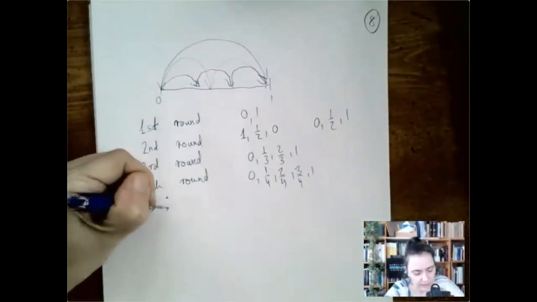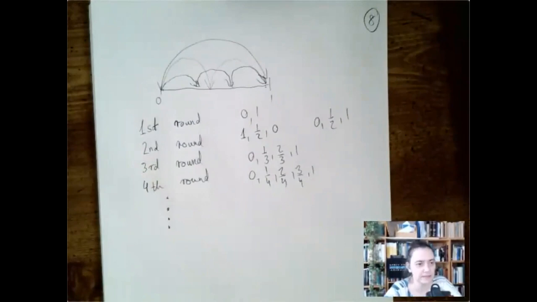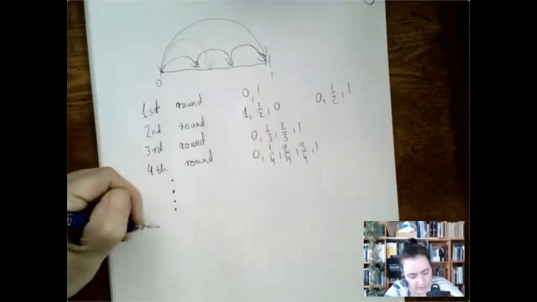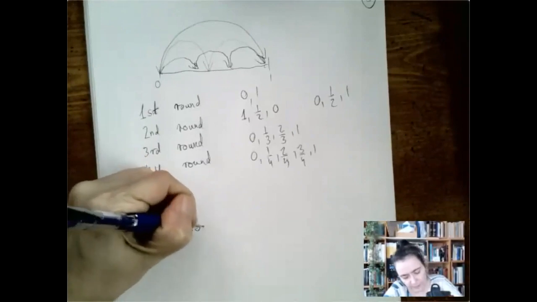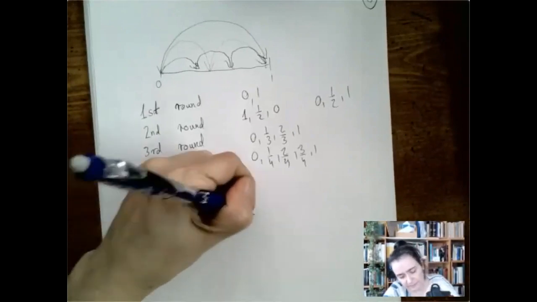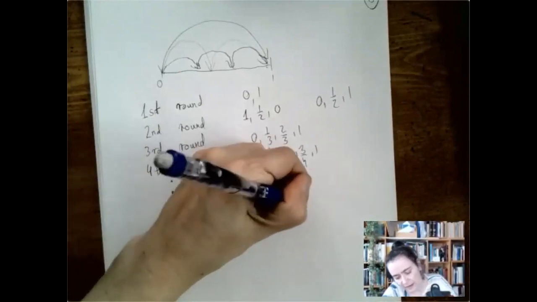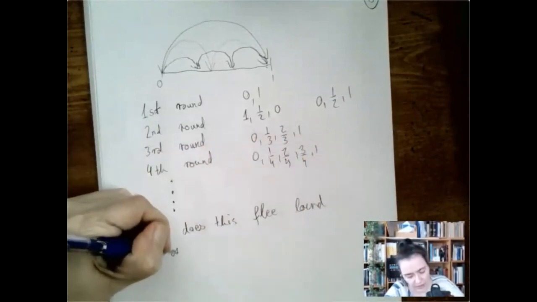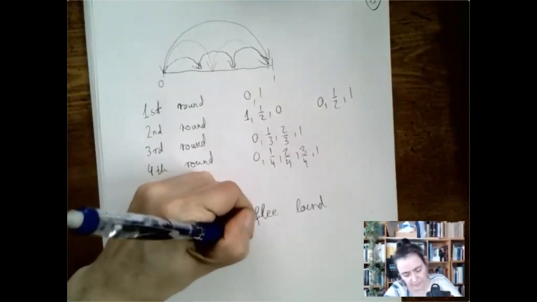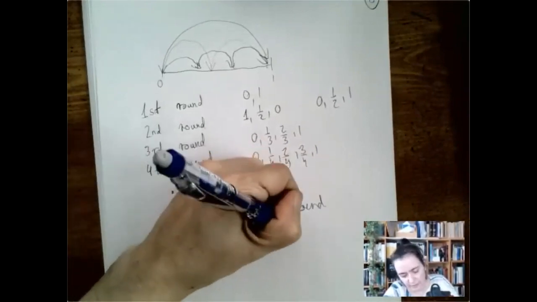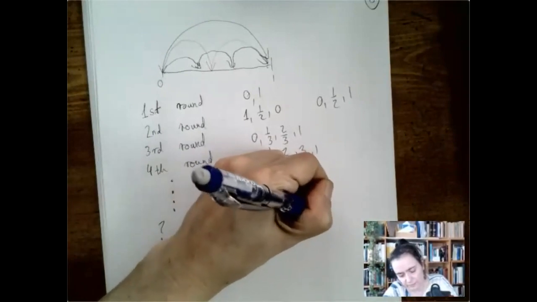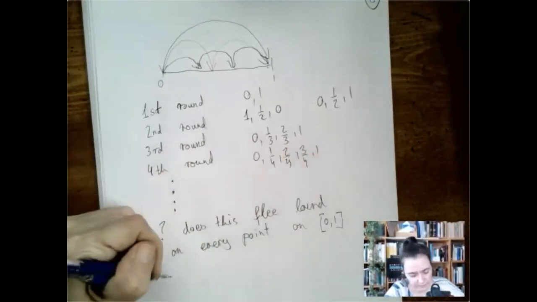And it goes on. Imagine the 2000th round, it's going to have a tiny jump, 1/2000, and so it's going to have to jump a lot to get to the point, but it does it. And so the question was, does this flea land on every point on 0, 1 eventually?